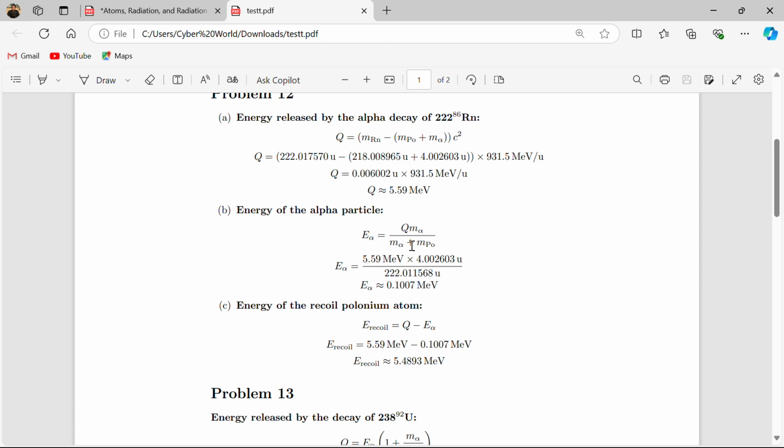The mass of the alpha particle is 4, and the mass of polonium is 218, so 218 plus 4 becomes 222. After substituting, E alpha equals 0.1007 MeV. This is how you find the energy released in the alpha particle.